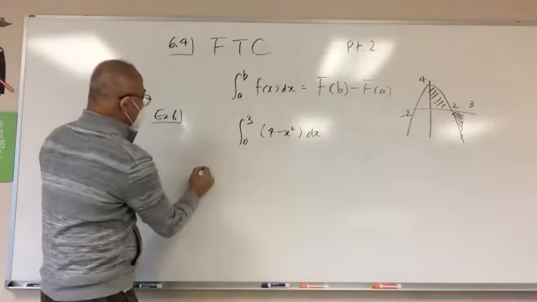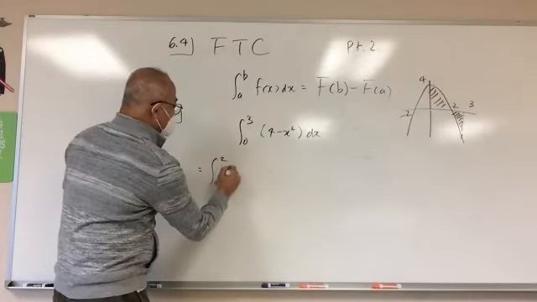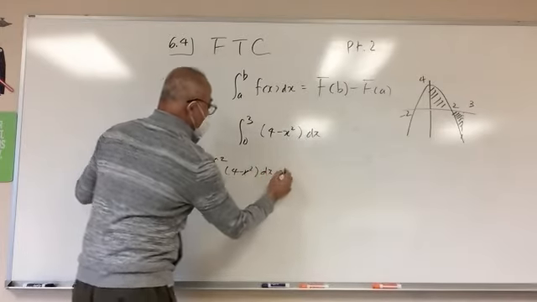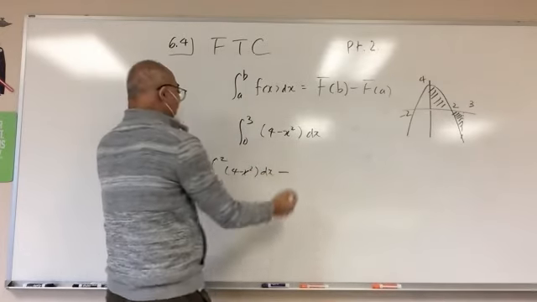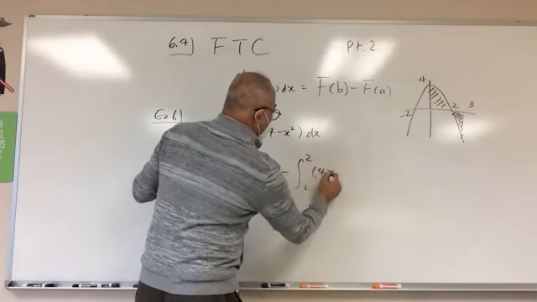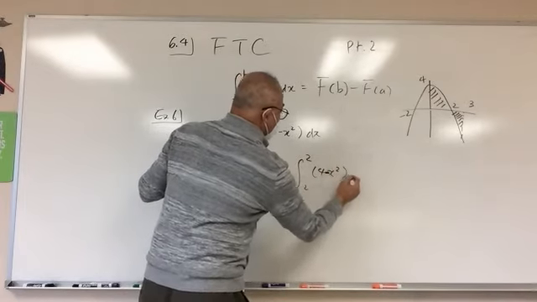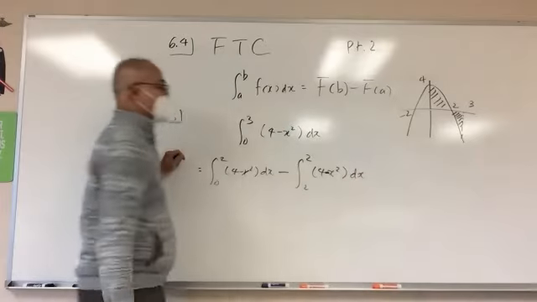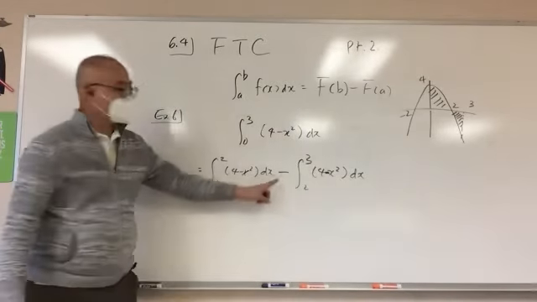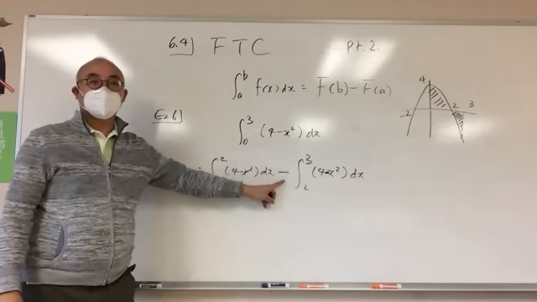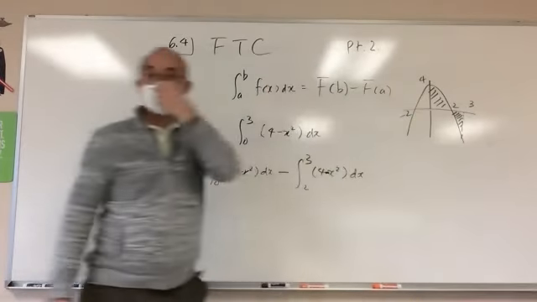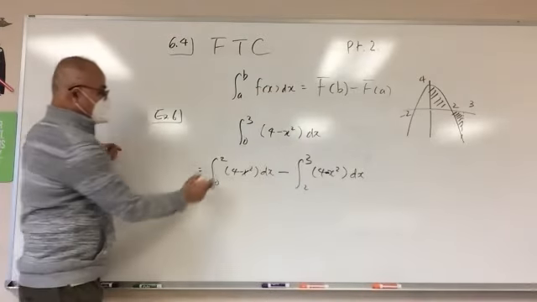So this is going to be the same as the integral from 0 to 2 of 4 minus x squared dx, then we would subtract the integral from 2 to 3 of 4 minus x squared dx. Everybody see the reason behind this negative here, right? Because it was normally a negative area. Now I'm switching that to a positive area, right? Let's go ahead and do this.